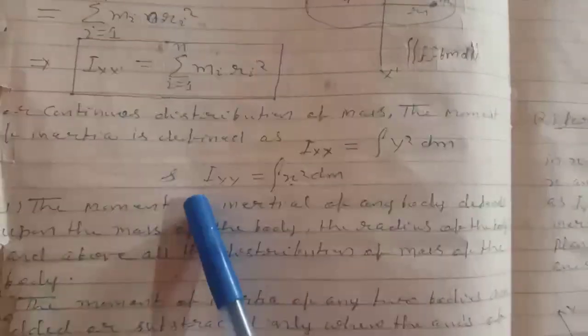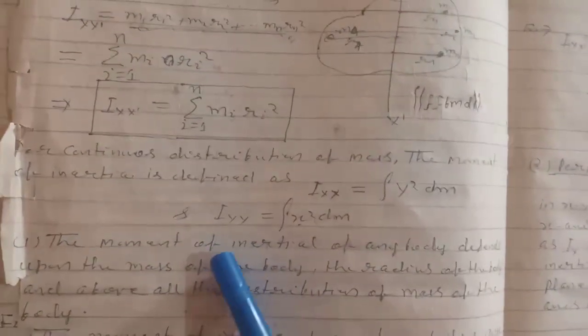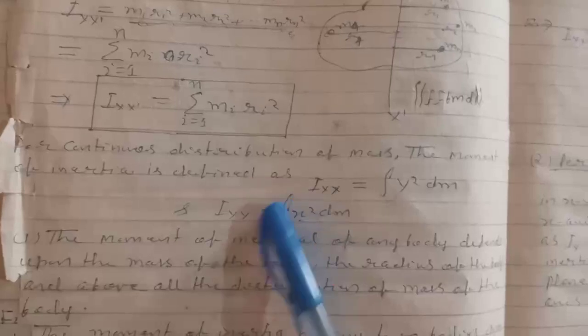For a continuous distribution of mass, the moment of inertia is defined as Ixx = integral of y^2 dm, or Iyy = integral of x^2 dm. That is, the moment of inertia about the xx' axis will be the integral of y^2 dm and about the y axis will be the integral of x^2 dm.